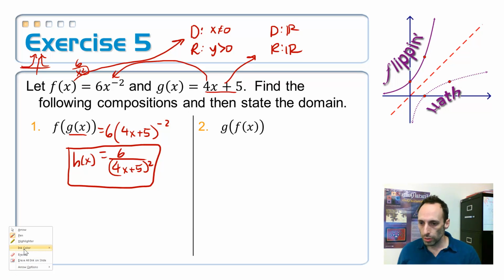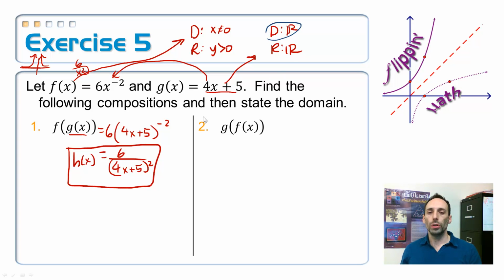Okay, let me switch colors here. Now let's talk about the domain of it. The interior one is g of x. So I would say that the domain should be all real numbers for this function right here, as long as this is completely inside that. But it's not, because I'm leaving out 0. So I need to go back and see, oh, what is it that makes this thing equal to 0?